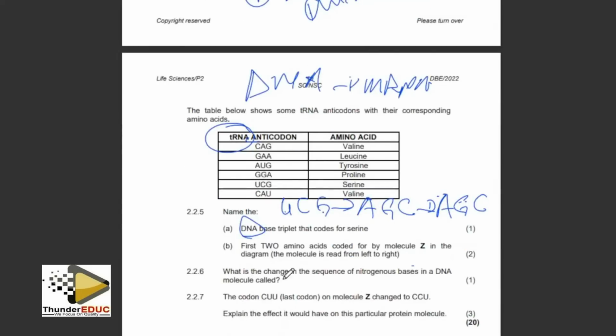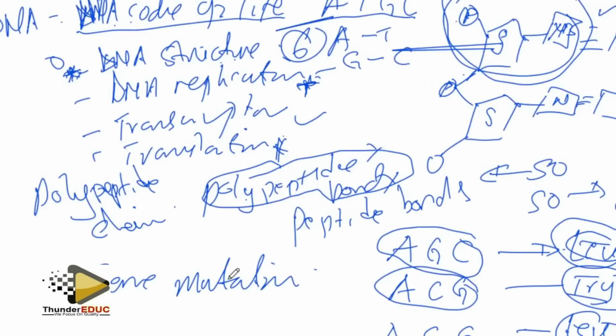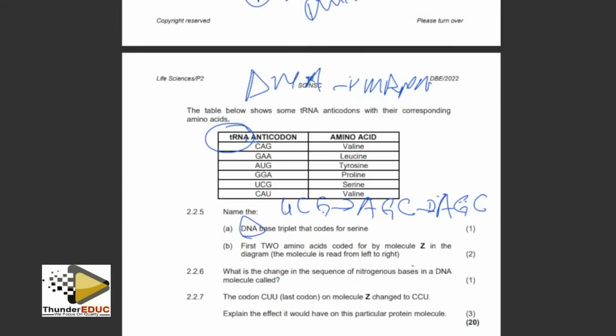What is a change in the sequence of nitrogenous bases? I've talked about it here. Gene mutation is a sudden change in the sequence of DNA. That's what you call a gene mutation, or a change in the nitrogenous bases. When they change the sequence, then automatically you're going to have a different protein structure if it codes for a different amino acid.